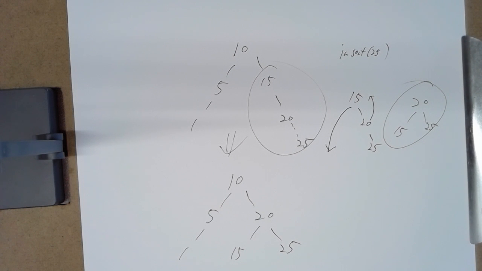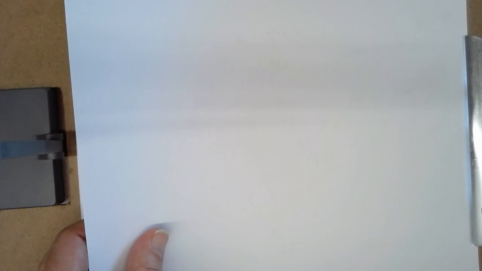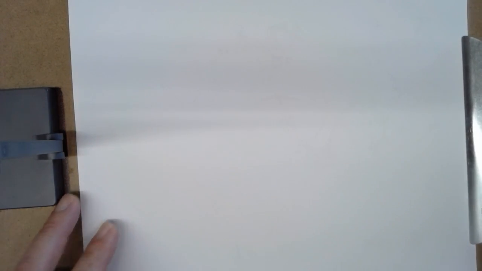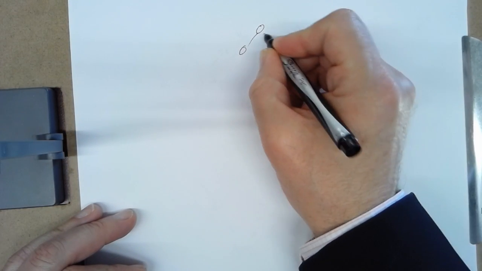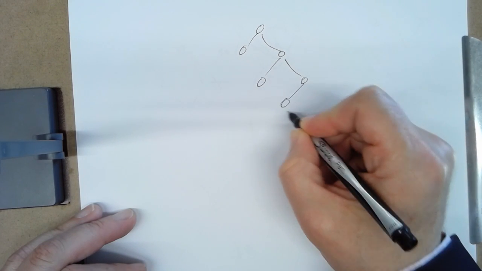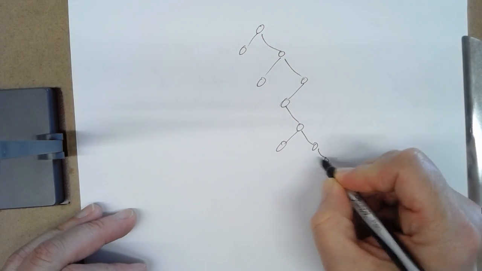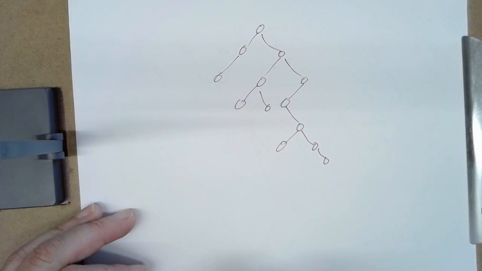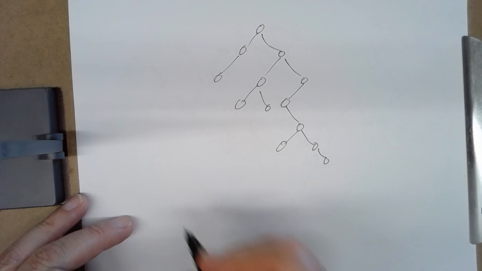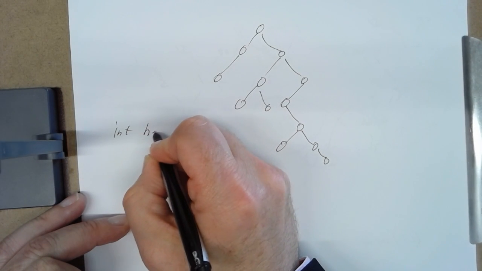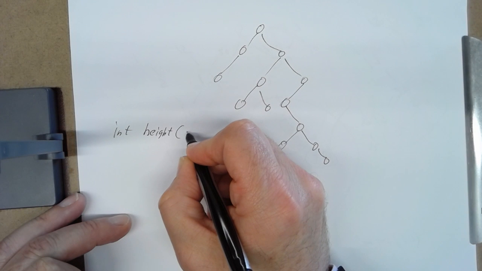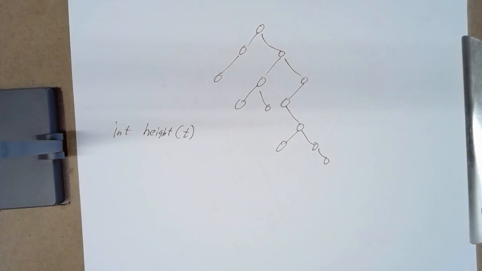To get the height, are you like having a counter and then you traverse it? Or? Yeah, so let's talk about height. So we want to find the height of some tree T. It's a struct node star, whatever. I'm going abstract. We want to find the height of this tree.